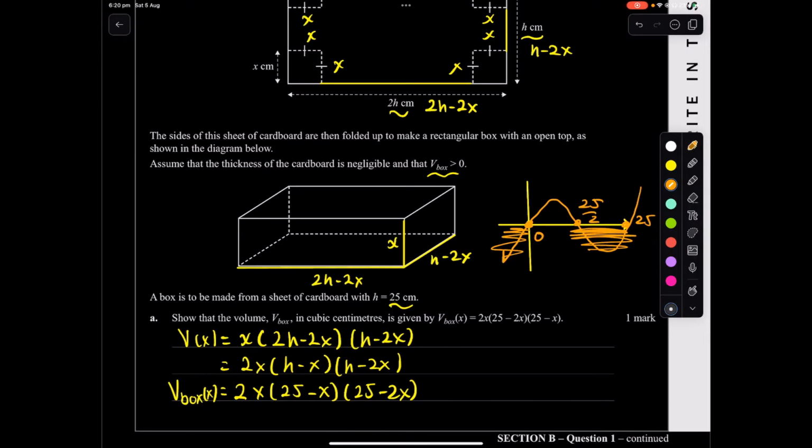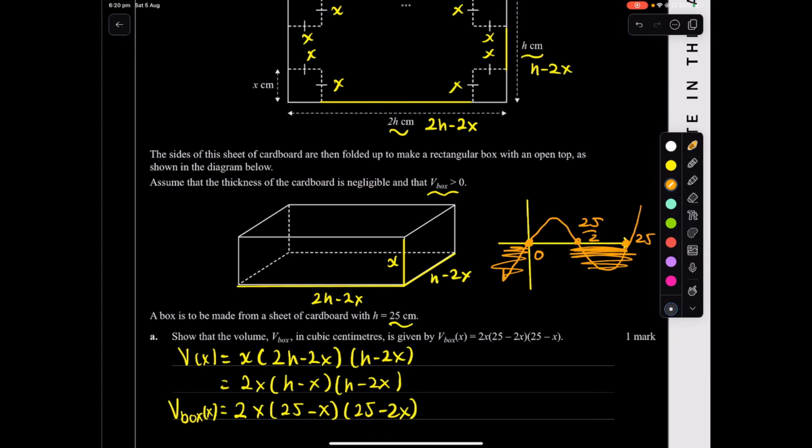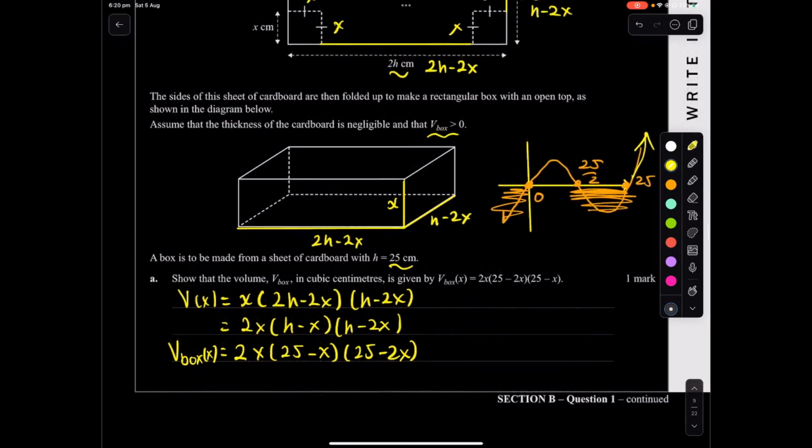Well, your domain would be only this part over here, because it can only be restricted. Your x values cannot be infinite. It means, like, this one goes to infinity. So our x values could only be limited, because the length can only be limited here.